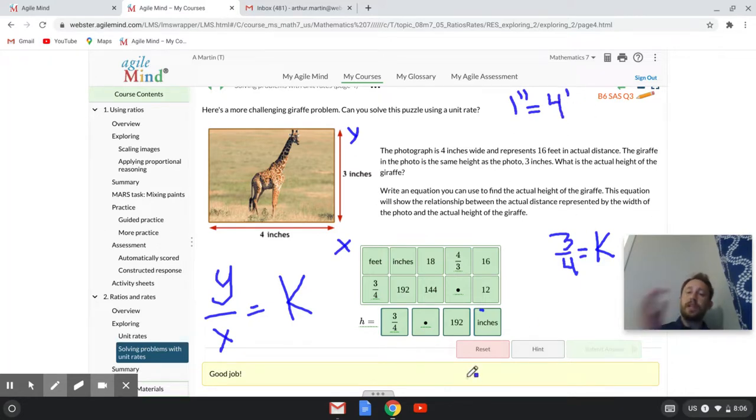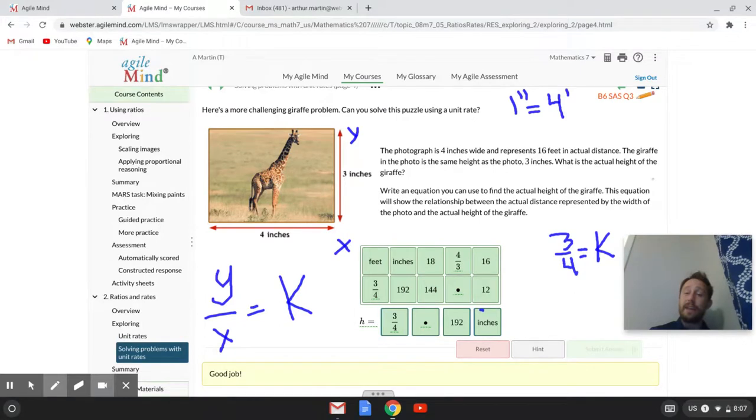So since 1 inch is equal to 4 feet, I know that if I find out how many feet I would get for 3 inches, 3 times 4 would be 12 feet, right?